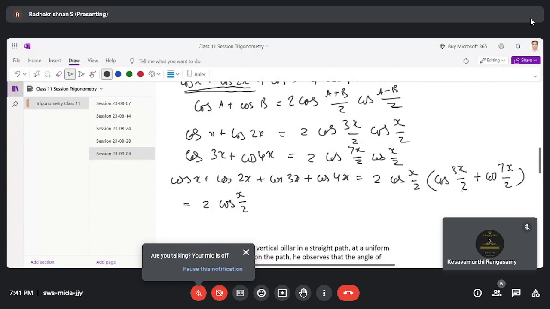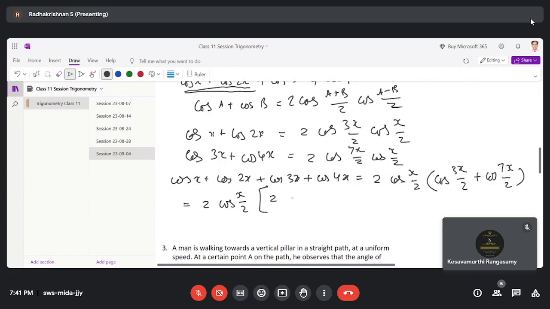Cos 3x by 2 plus cos 7x by 2 will be 2 cos of A plus B by 2, so that will be 10x by 2 whole divided by 2. So that means 5x by 2.